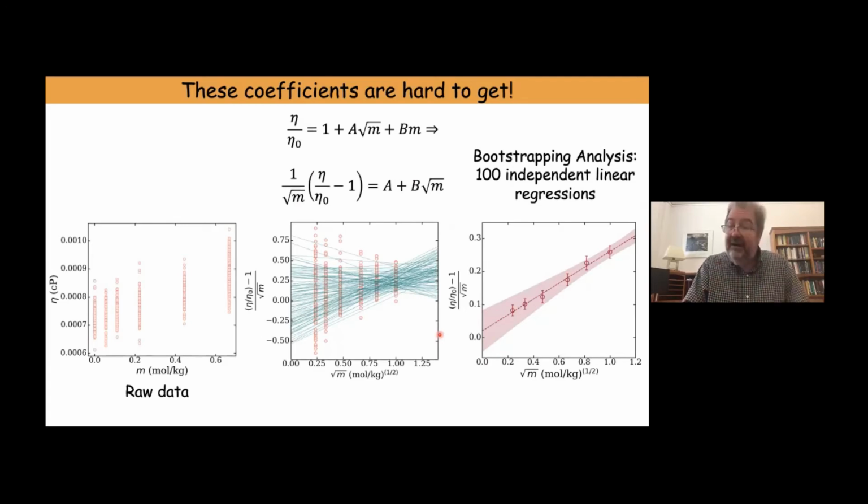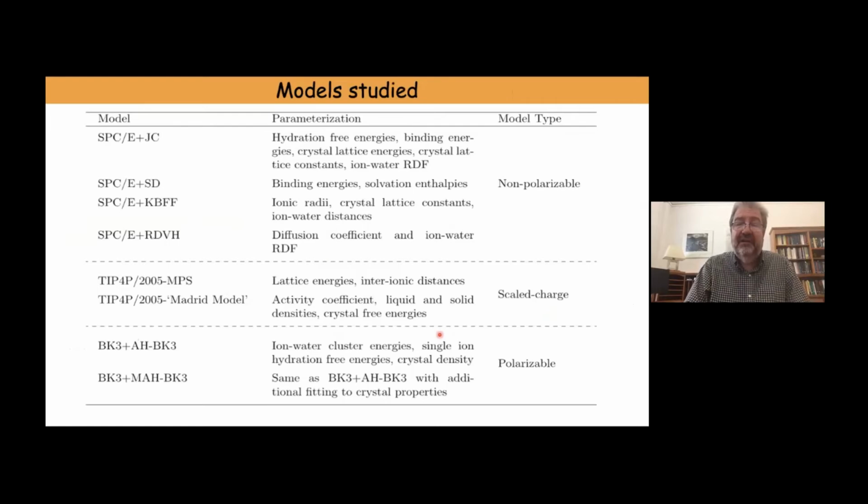So now, how does it work? How do our models perform? We tried different classes of models. We tried fixed point charge models, very similar to the ones I was describing earlier for the activity coefficients and solubilities. So these are non-polarizable. We tried some models which do not do so well for the solubilities but, as you will see, do much better for the transport properties, and these are so-called scaled charge models.